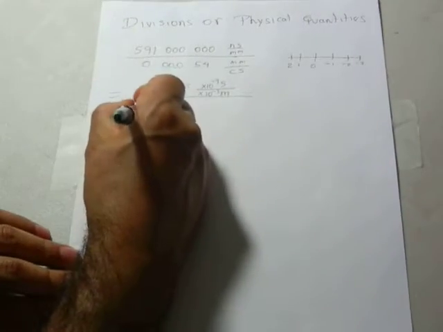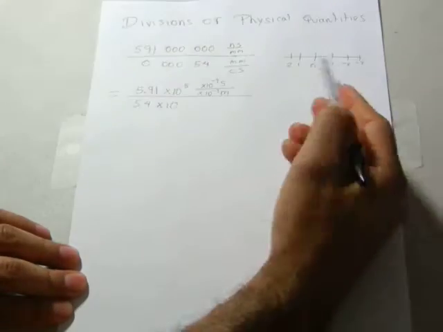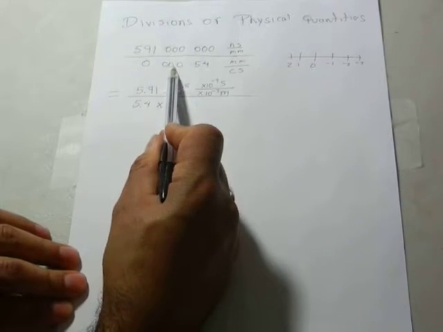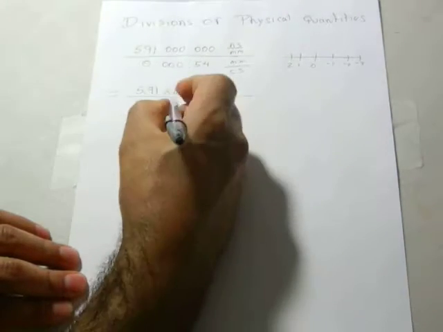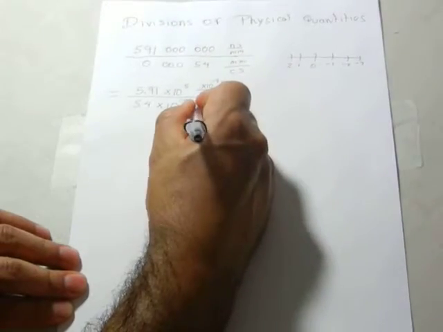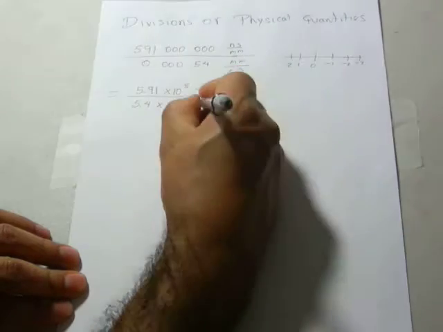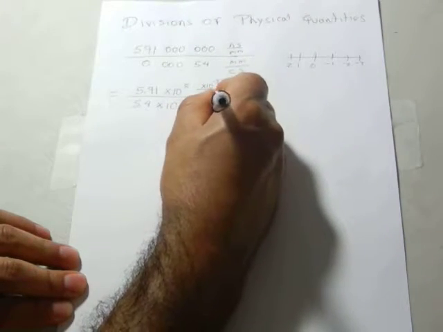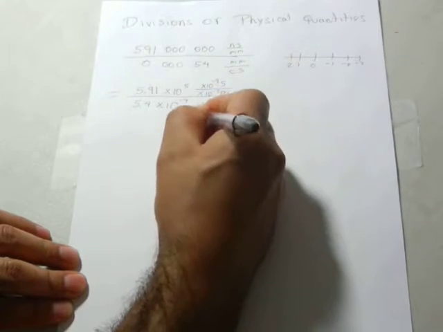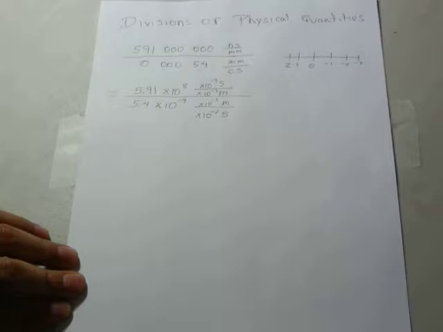We have 5.4 times 10. In that direction, my powers are going to be negative, so minus 1, minus 2, minus 3, minus 4. And identify the power of 10 associated to any prefix. So we have milli times 10 to the negative 3 meters, and centi times 10 to the negative 2 seconds.